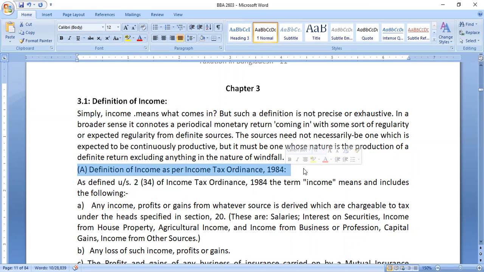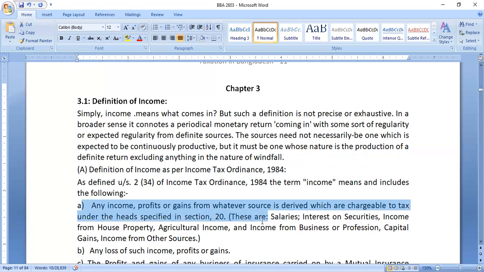Under section 2(34) of the Income Tax Ordinance 1984, the term income means and includes the following: any income, profit or gains from whatever source derived which are chargeable to tax under the heads specified in section 20.